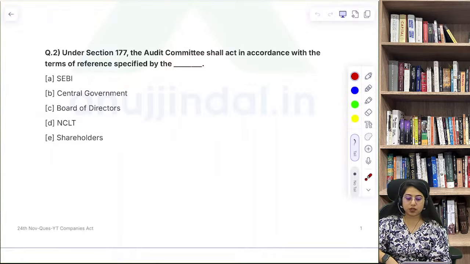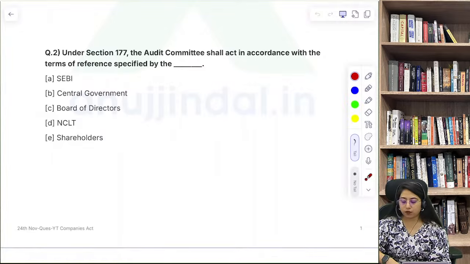It is mentioned under Section 177 of the Companies Act.